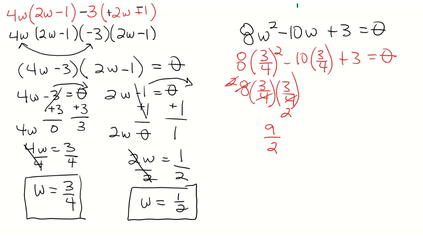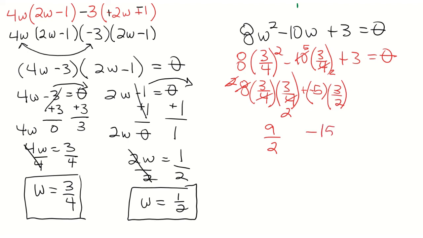Then I'm going to do the same thing for my second term. I know that 10 and 4 can both be divided by 2. So that's going to give me a minus 5 times 3 over 2.